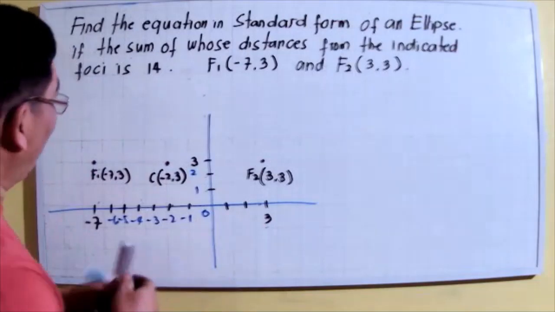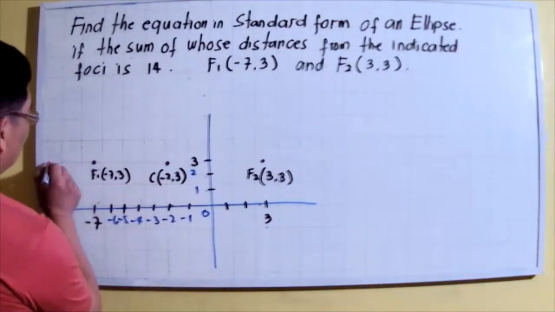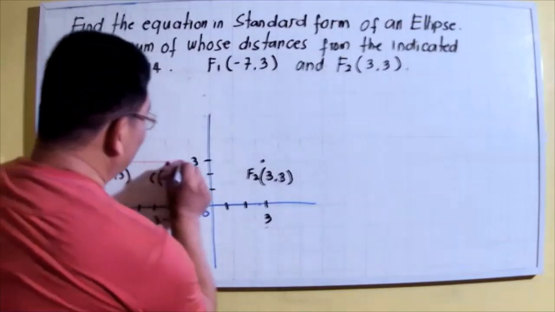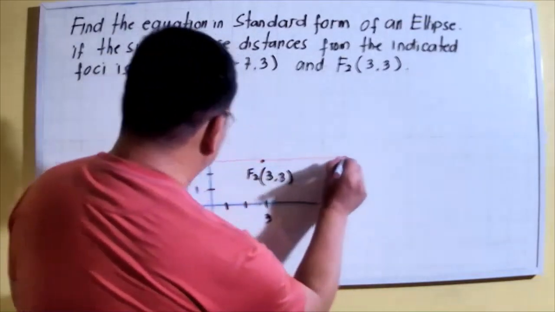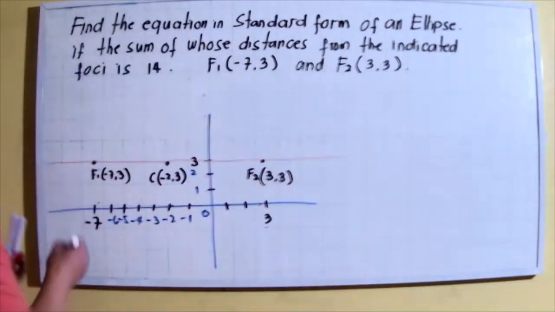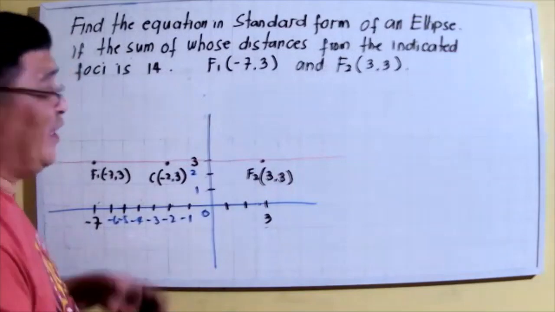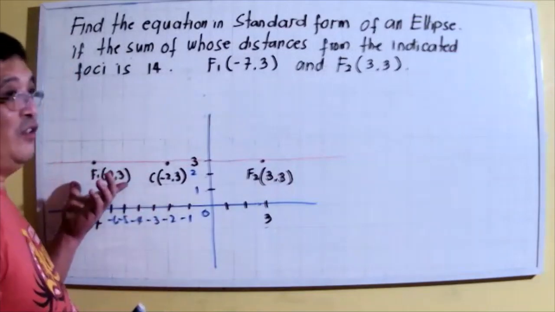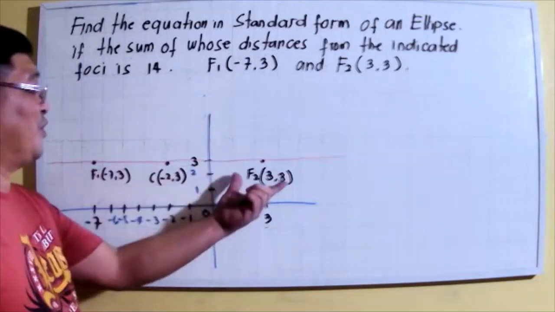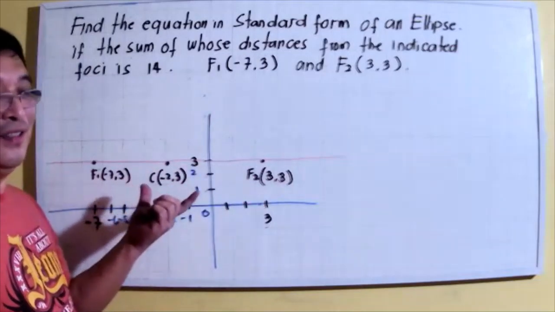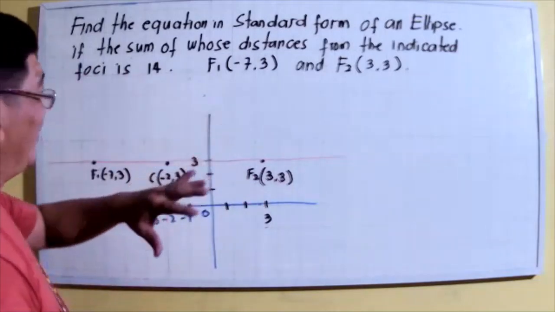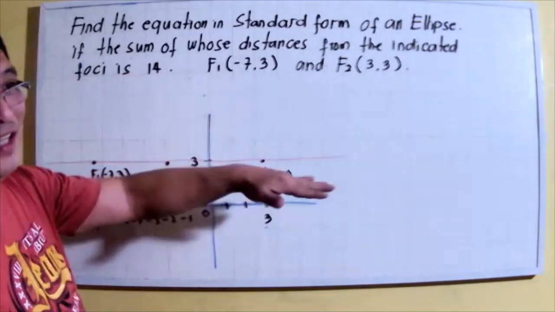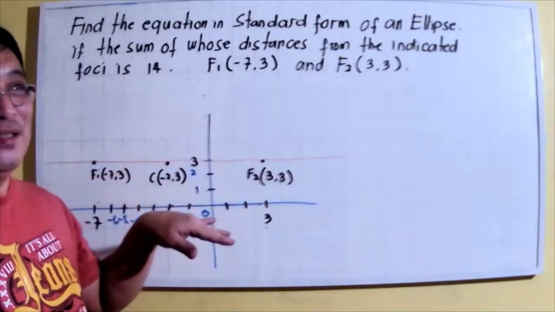Now I'm going to draw a horizontal line that intersects focus number 1, focus number 2, and the center. So again, this will serve as the line of the major axis.